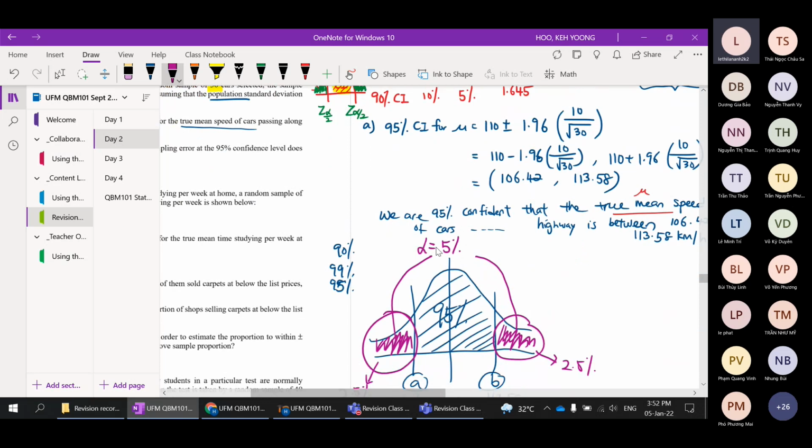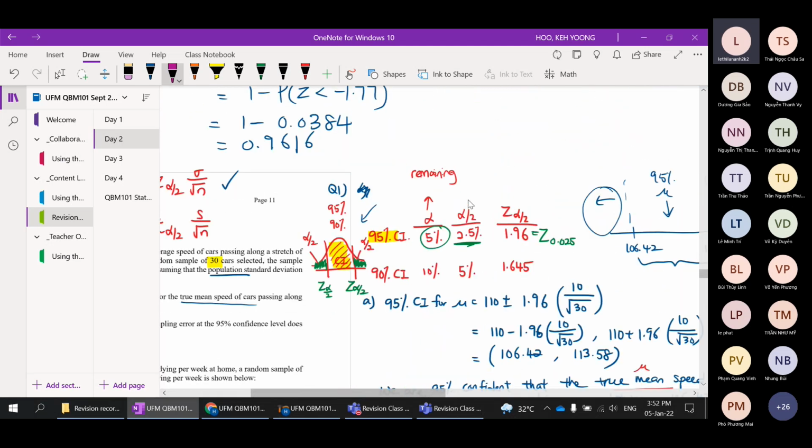Alpha is the remaining area, combining both left and right, 5%. So alpha is the total remaining area, but alpha over 2 is the remaining area in either the left or right side.